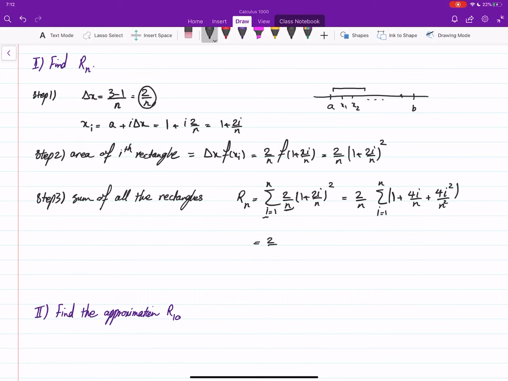And well, to do the sum, we have a sum of i goes from 1 to n of 1s, plus 4 over n is a constant, so I have 4 over n times the sum of i goes from 1 to n of i, plus 4 over n squared times the sum of i squared, i goes from 1 to n.